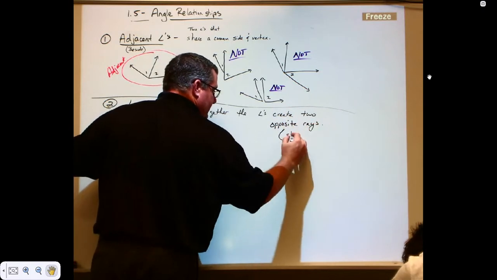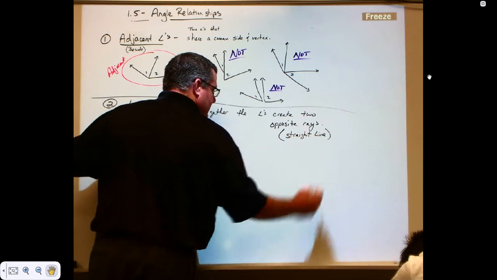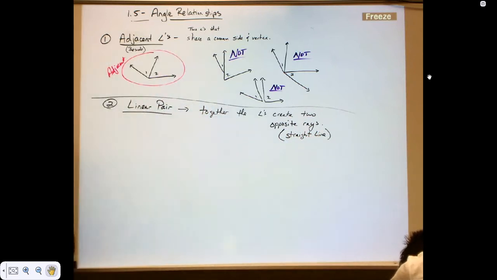Or what you'll hear me say more than anything is a straight line. It's kind of an oxymoron there because all lines are straight, but you could draw a straight line, couldn't you? Okay. Together, what are opposite rays? We talked about that yesterday, right? They go directly opposite and create a line, right?